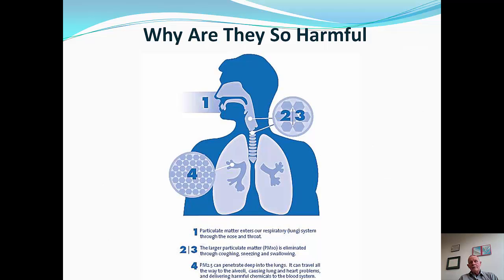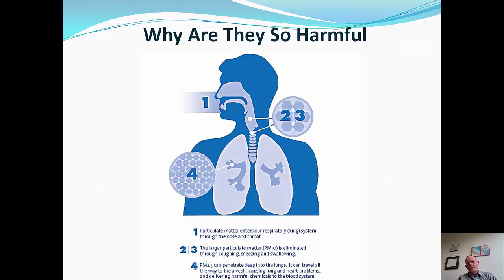So why are these particles so harmful? Well, they're so harmful primarily because they are ingested into, or breathed into, the respiratory system. The big particles, those that are typically larger than about 2.5 to 5 microns, somewhere in that neighborhood, get scrubbed out in the nose and mouth and the upper parts of the respiratory system.